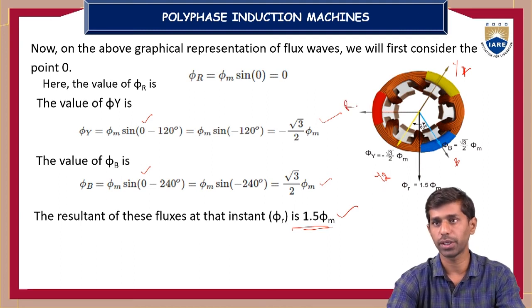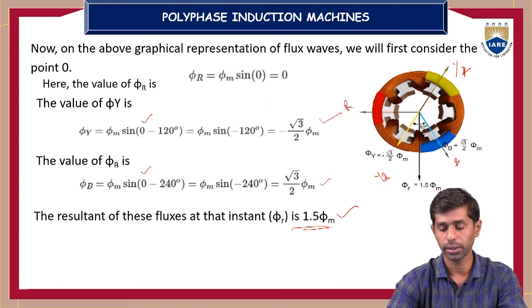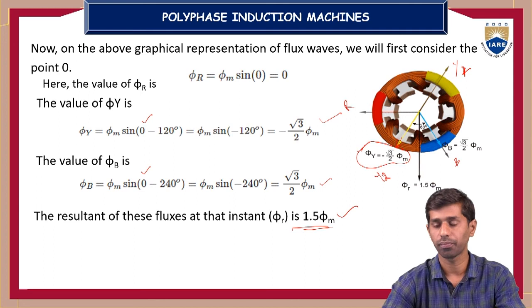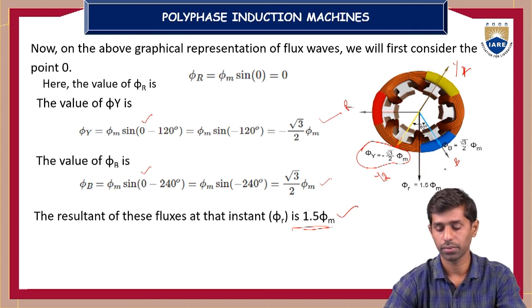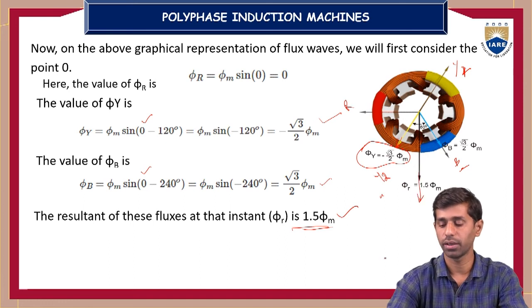The three phases are spatially displaced by 120 degrees, and this shows the negative value on the y axis, that is minus root 3 by 2 phi m, and this is the r phase. So the resultant is a vector sum of these two, the b phase as well as the y phase. You will get the resultant of these two as phi maximum.